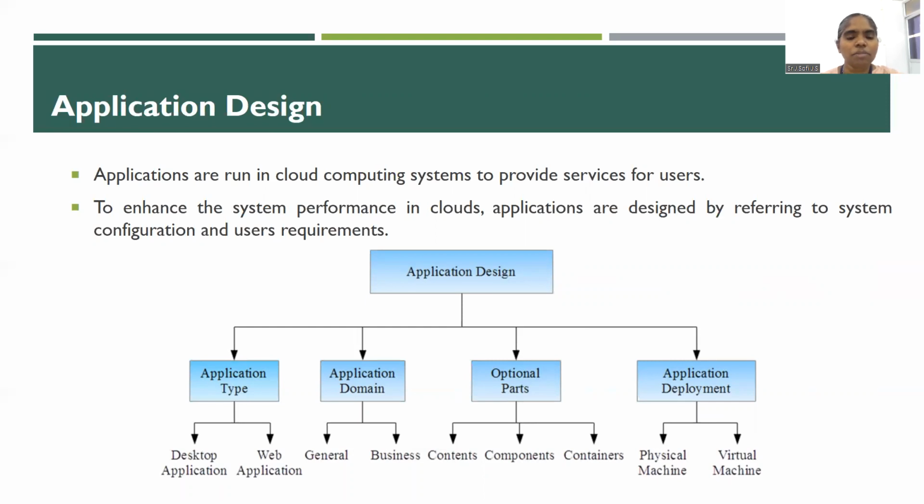Application domain means whether it is general or business oriented. So what type of application we are going to build, that we have to decide here. And optional parts can be content or components or containers. So what we are going to use as the optional part in our application, we have to decide. And application deployment: whether we are going to deploy our application in a physical machine or in a virtual machine, that we have to decide.